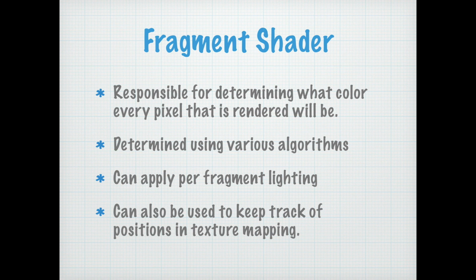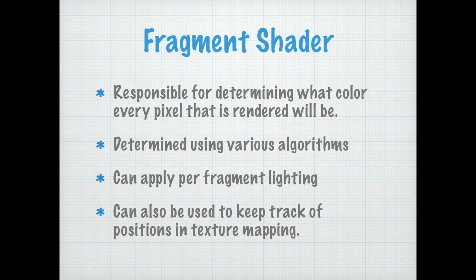So the Fragment Shader is responsible for determining what color every single pixel that is being rendered is going to be. The Fragment Shader is where you would apply different algorithms like the saturation algorithm, the lighting algorithm, and you can chain a bunch of these various algorithms together.